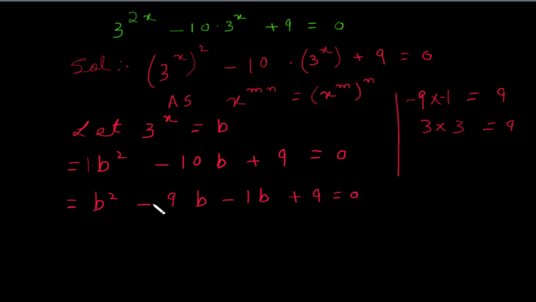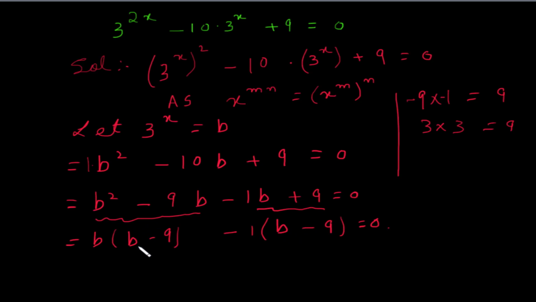Now we will factor by grouping. This is one group and this is another group. Taking b common from the first group gives b minus 9, and from the second group taking minus 1 gives b minus 9. We have a common factor b minus 9, and the remaining factor is b minus 1.